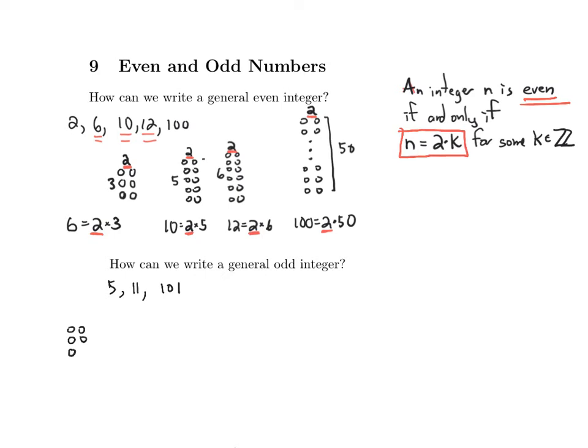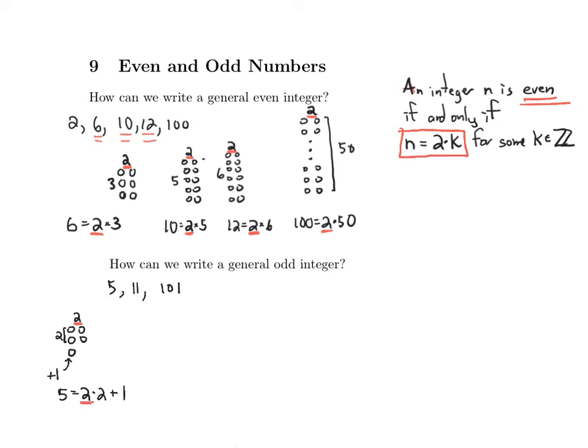I have 2 groups of 2, but I have this extra 1 left over. So 5 is 2 groups of 2 plus your extra 1 that you can't group. So again, this 2 is the important bit, the size of your group.